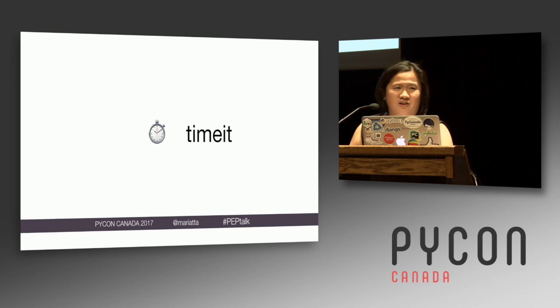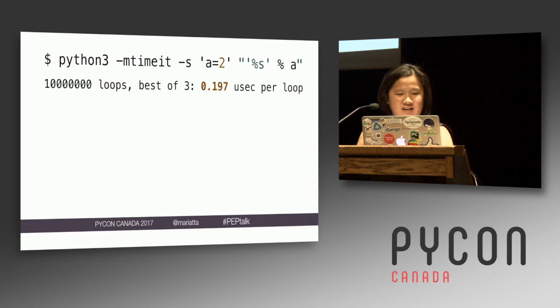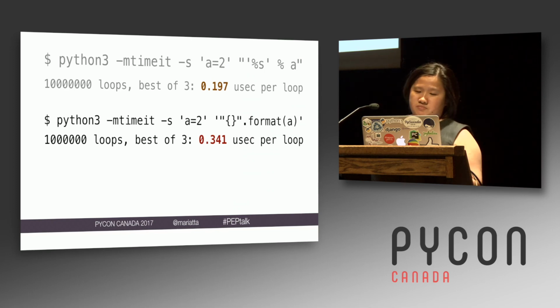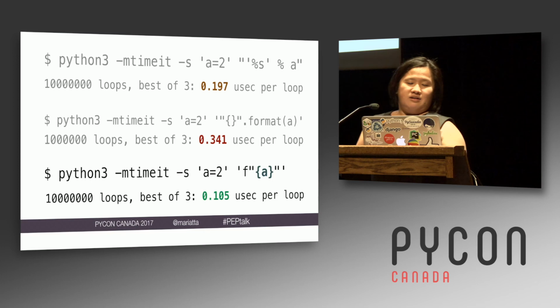What about the performance? I did this little experiment on my computer. That's to compare the different performances between the different ways to format strings. This is with %s. Same way, just with string format. That's f-string.